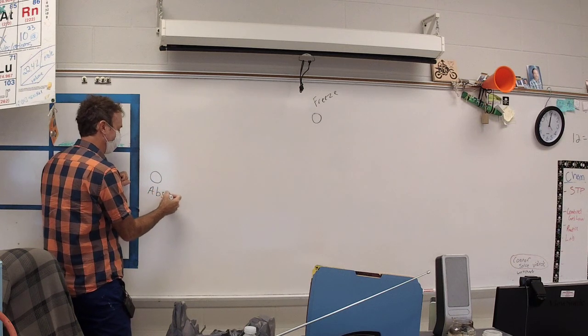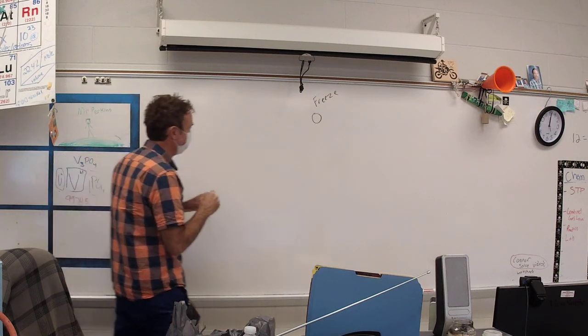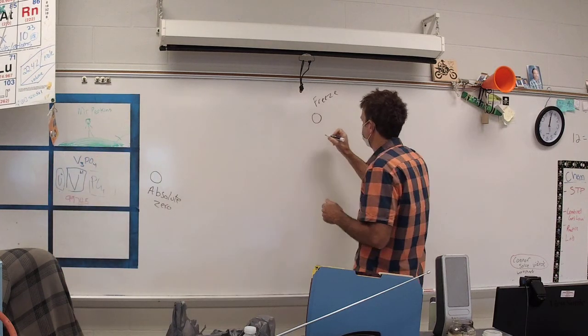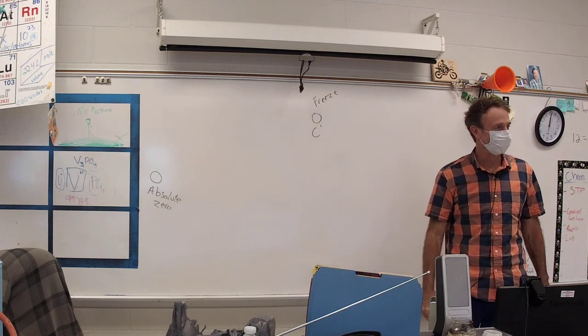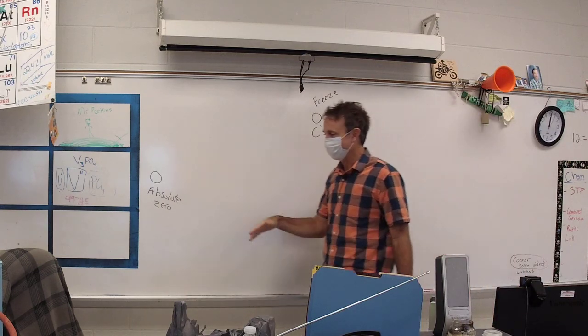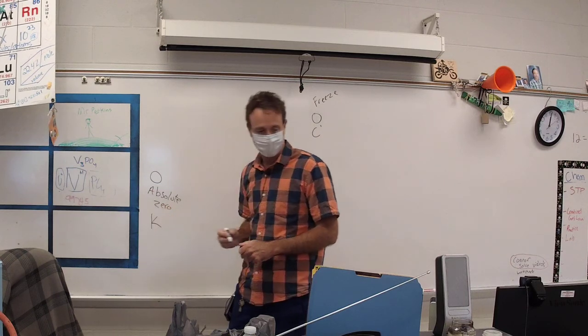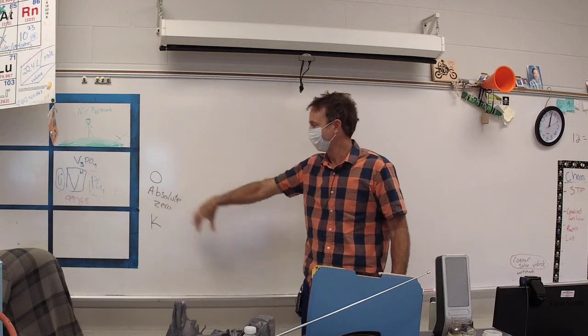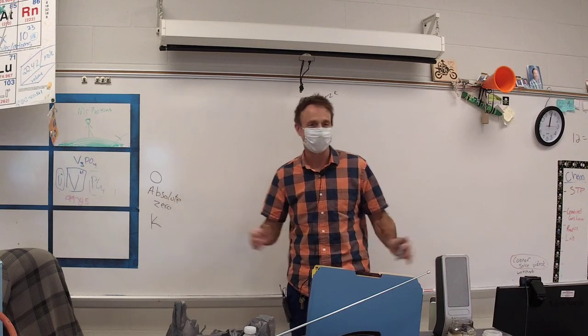Now those are two very different things, all right? At 0 degrees Celsius, water turns from a liquid to a solid. At absolute 0, or 0 degrees Kelvin, all the physics in the universe break down. So these are two different things, all right?